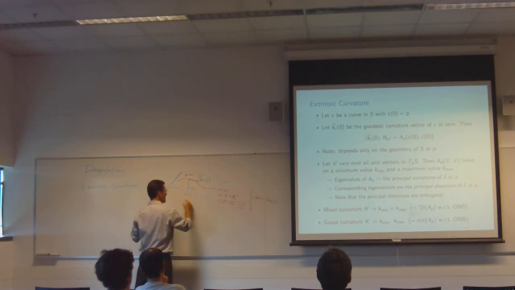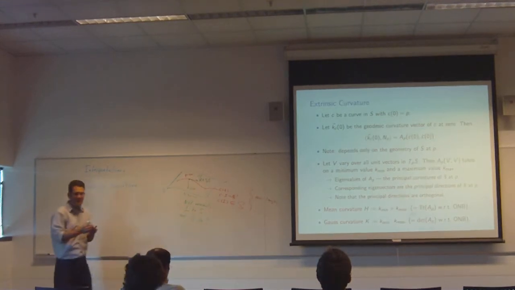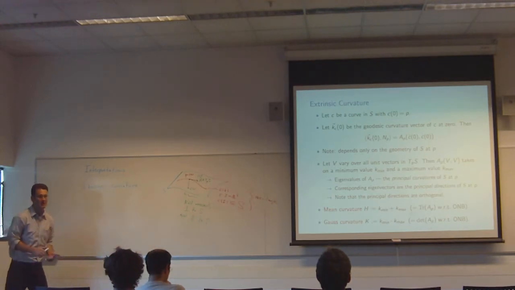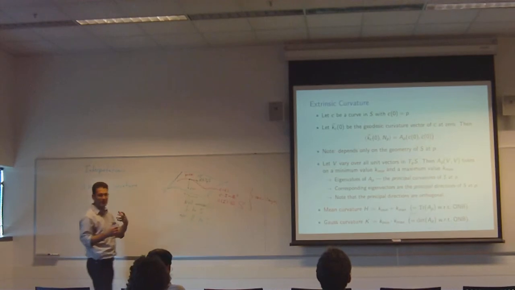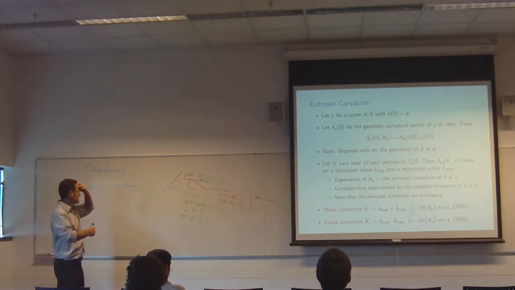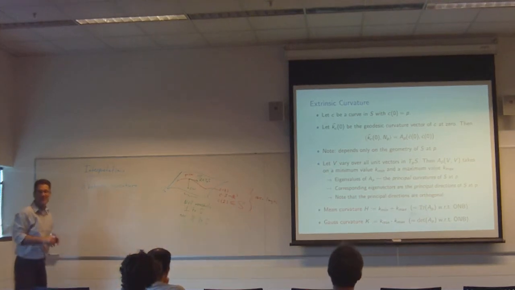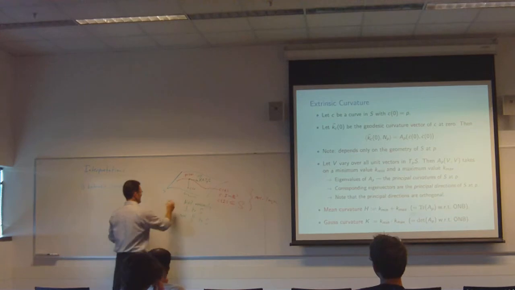So this vector here is not necessarily perpendicular to S or parallel to S. It's just a vector which sticks out of the space somehow. Okay? Because this c double dot is computed from the curve itself. It doesn't really know much about the surface. The curve exists on its own right in space, after all.